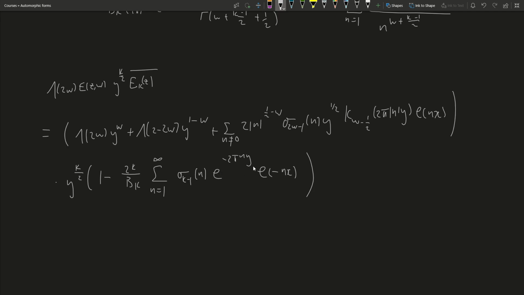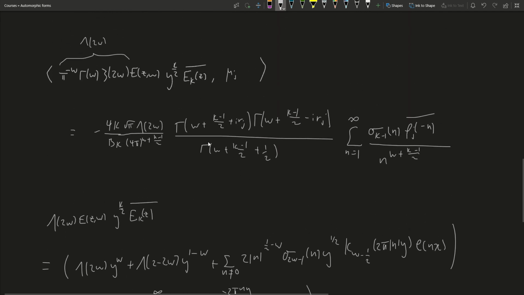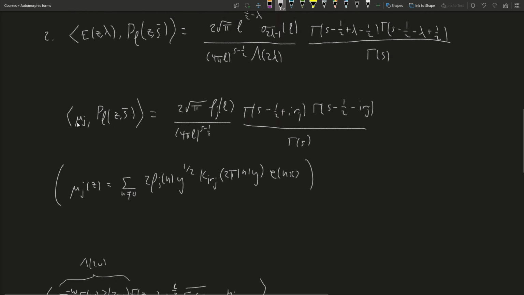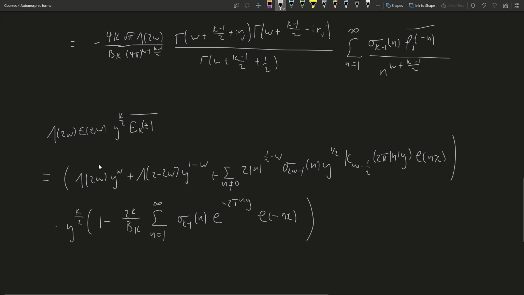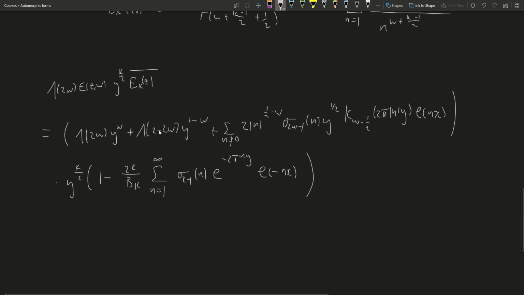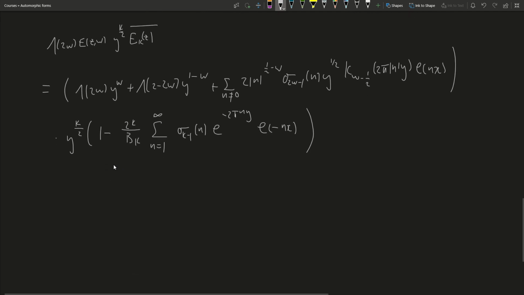So writing it this way and thinking about how this inner product goes, you can see that the only difference between this thing and the cusp form is the presence of this constant term right here. But when you're taking an inner product with the Maass form, the fact that you have this here doesn't matter at all, right?